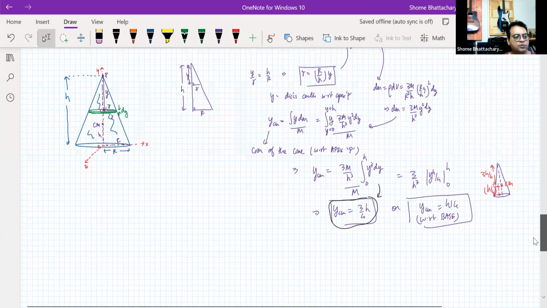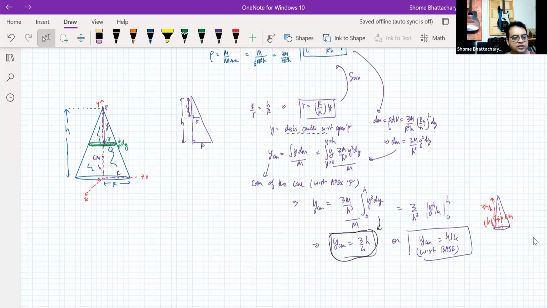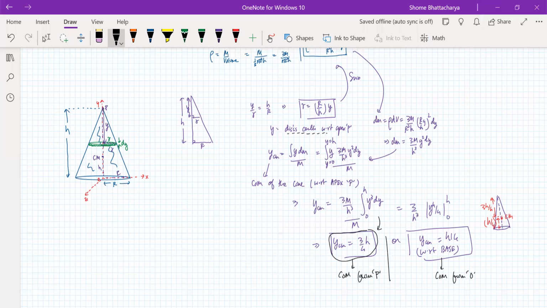The point P, not the point O below. So that is why this is the position of center of mass from the apex point P. And that is why when you take it from the base, it becomes h by 4, from the center of the base. Got it? Yes, sir. Okay, good.